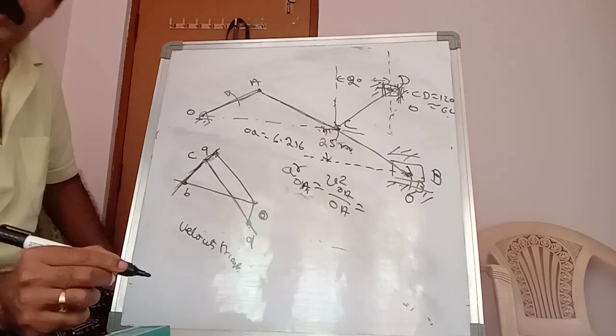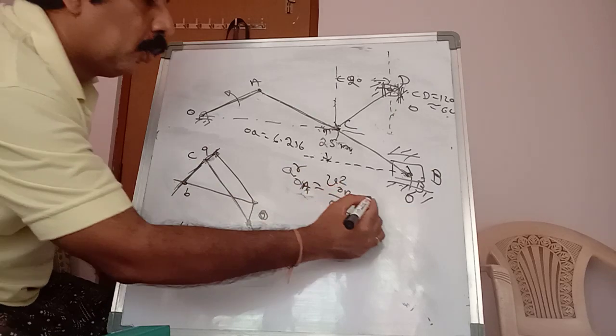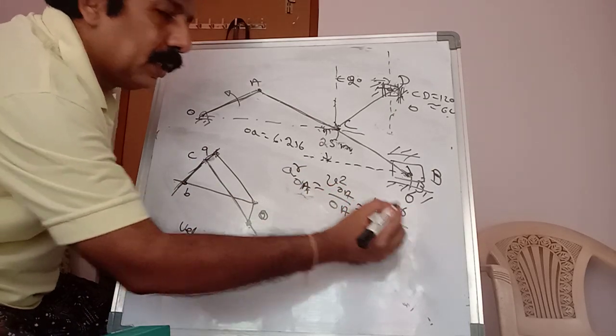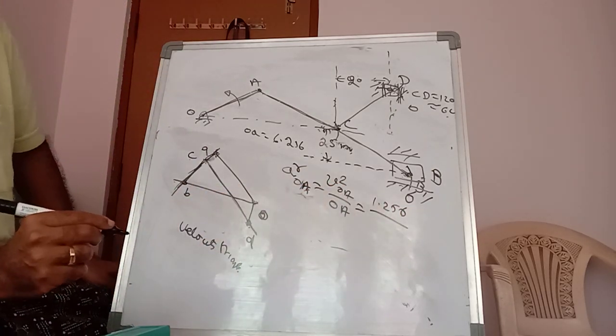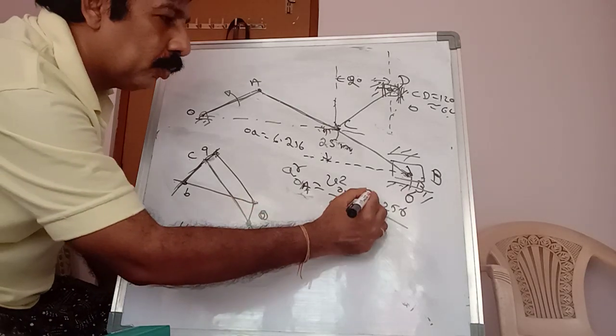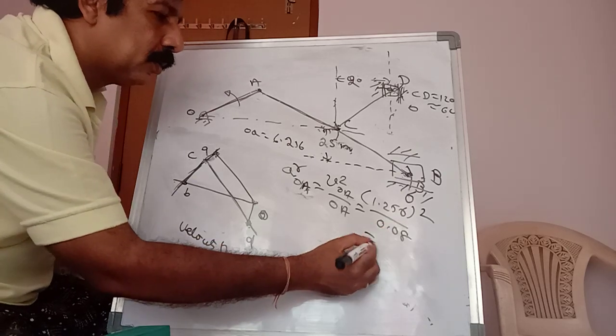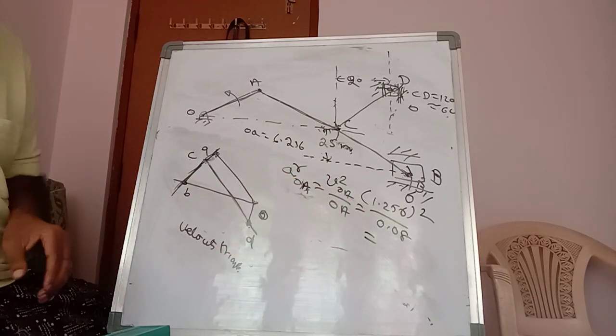The formula for the radial component is V square OA by capital OA. We already determined the VOA value. What is the value? 1.256, divided by OA. What is the OA value? 1.256 whole square by 0.08. So you have to find the acceleration.